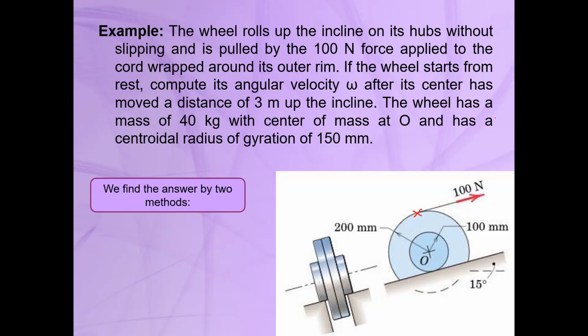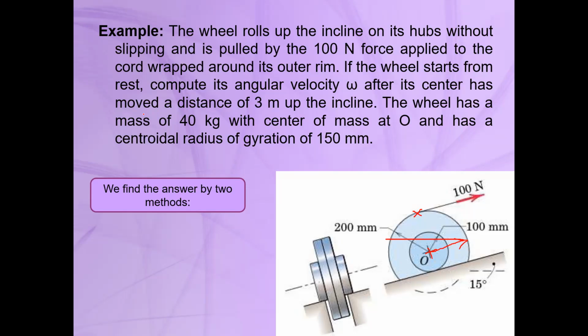If the wheel starts from rest, compute its angular velocity omega after its center has moved a distance of 3 meters up the incline. So the center of this wheel will move 3 meters in the upward direction on the incline.